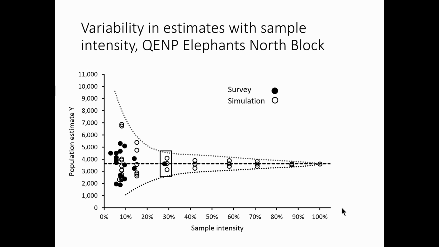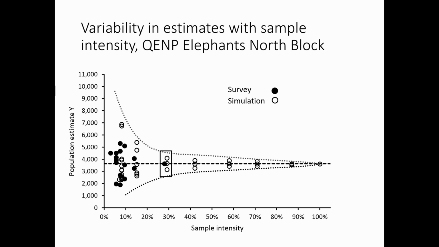What this means is that the more transects you do, the higher the sampling intensity, down it goes, till this line here, which is your 95% confidence interval, declines to the point where you can be pretty certain that there's 3,700 elephants there. So anything lower than that creates a problem.